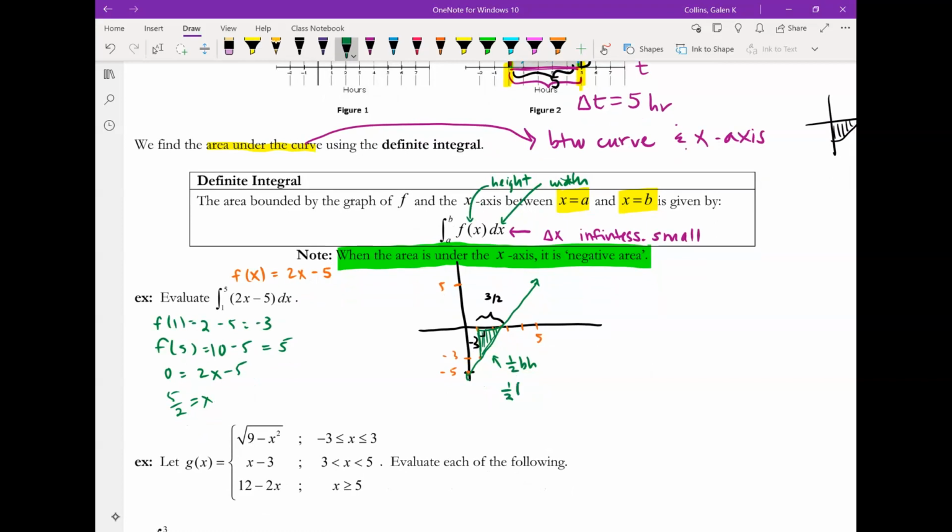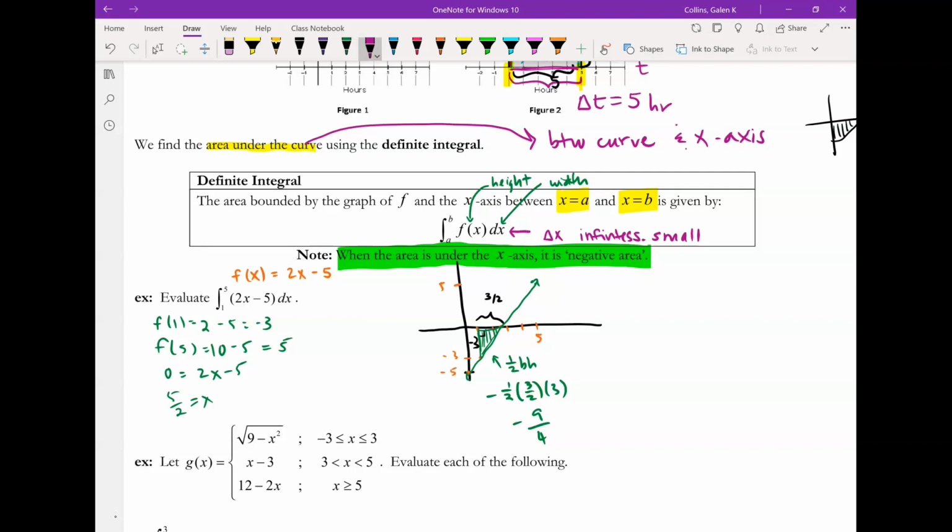So even though I said -3, we're going to consider that just a 3 for the height. So 1/2 times 3/2 times 3 is 9/4. But remember, we said that area under the x-axis is negative, so I'm going to call that -9/4.